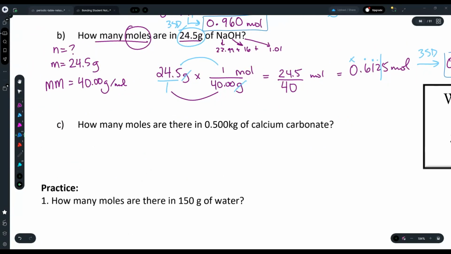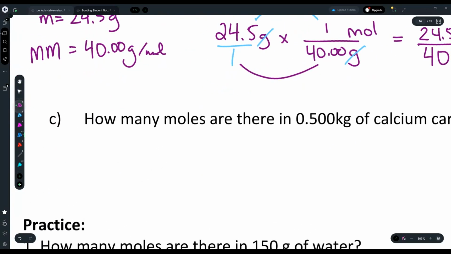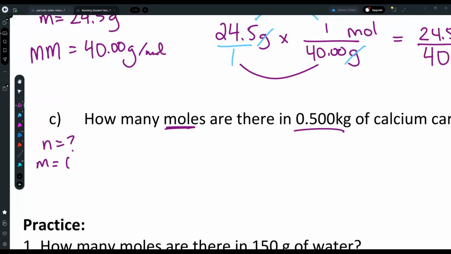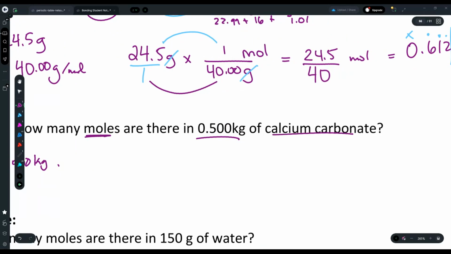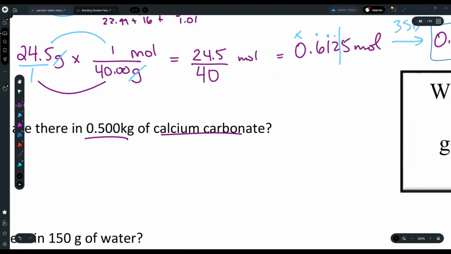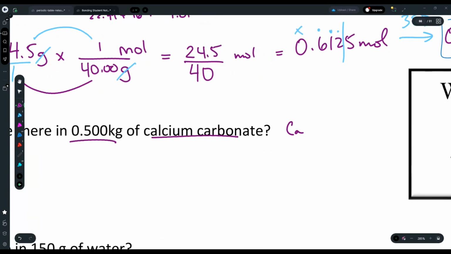All right, last example here. How many moles, so that tells us we're looking for moles, are there in 0.5 kilograms? So our mass is in kilograms, which is important to note, of calcium carbonate. The symbol for calcium is Ca.